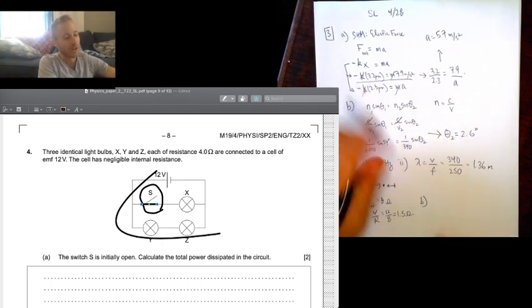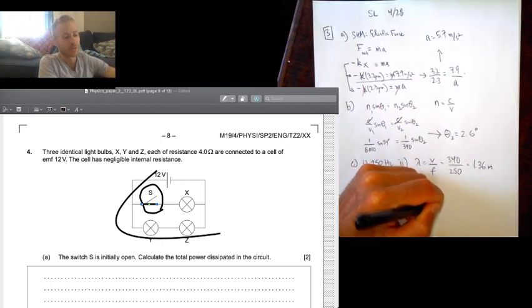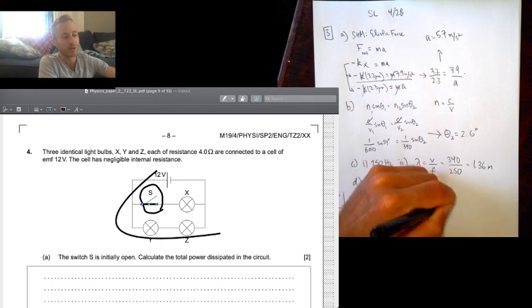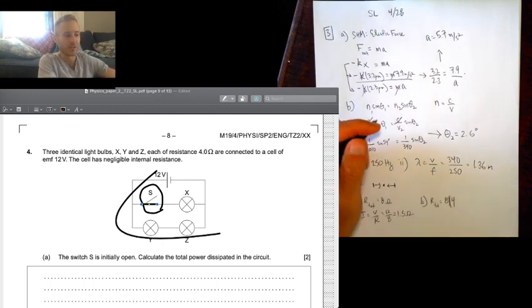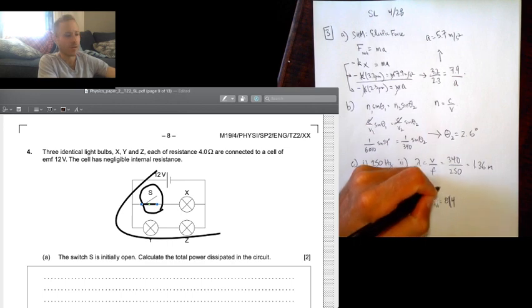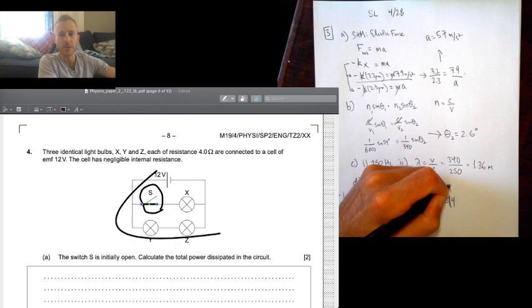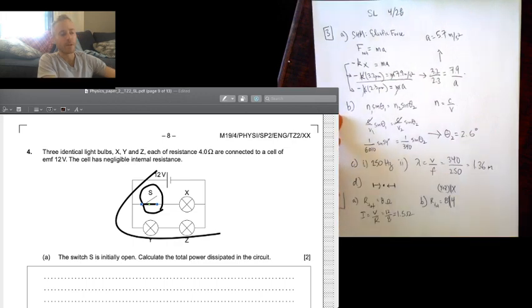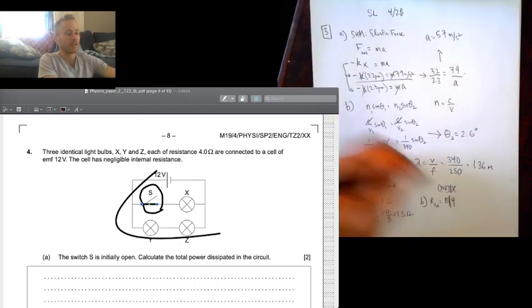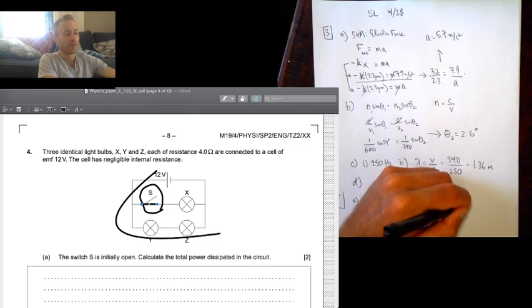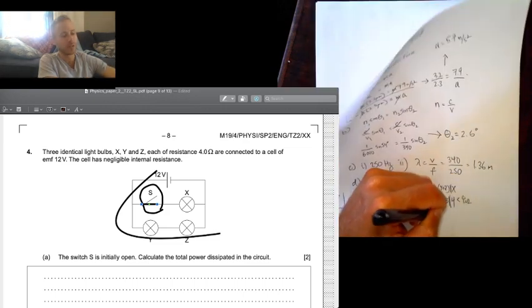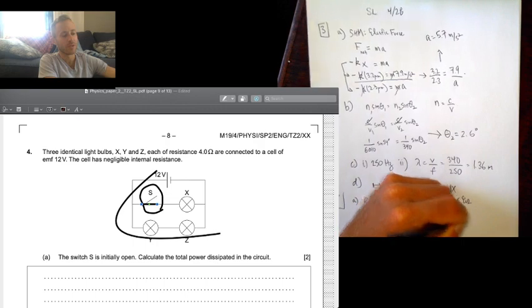In fact, you could calculate, if you wanted to, that the total resistance would now be 8 ohms in parallel with 4 ohms. So that would basically be Y plus Z in parallel with X, which is going to be less than 8 ohms. So basically the resistance went down, so the current went up.